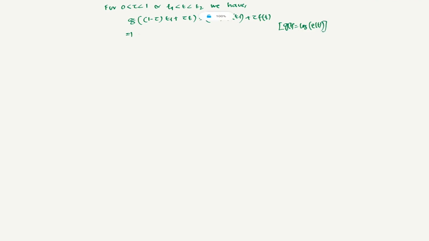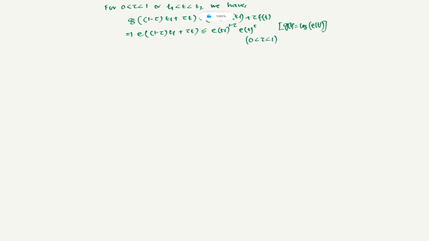It is (1 minus tau) t1 plus tau t, and this is less than or equal to, log is there, so this will go inside, e of t1 to the power (1 minus tau) times e of t to the power tau, okay. This is for tau between 0 and 1, clear?